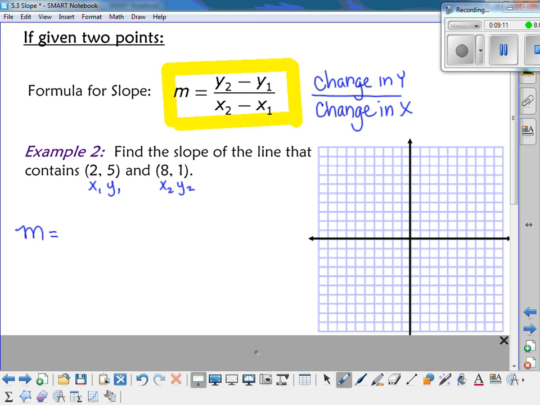So the slope equals y sub 2, which is 1, minus y sub 1, which is 5, over x sub 2, which is 8, minus x sub 1, which is 2. So 1 minus 5 comes out to a negative 4, and 8 minus 2 comes out to a positive 6, and then if you reduce that, it's negative 2/3.